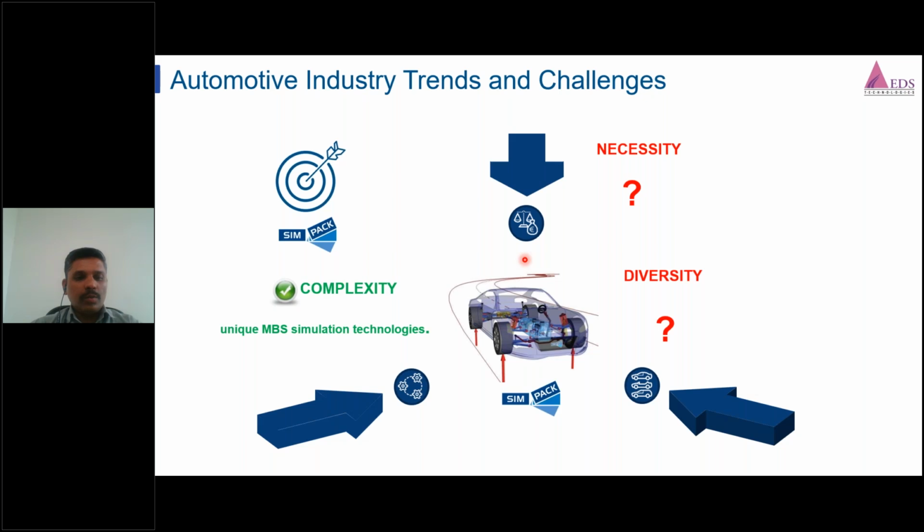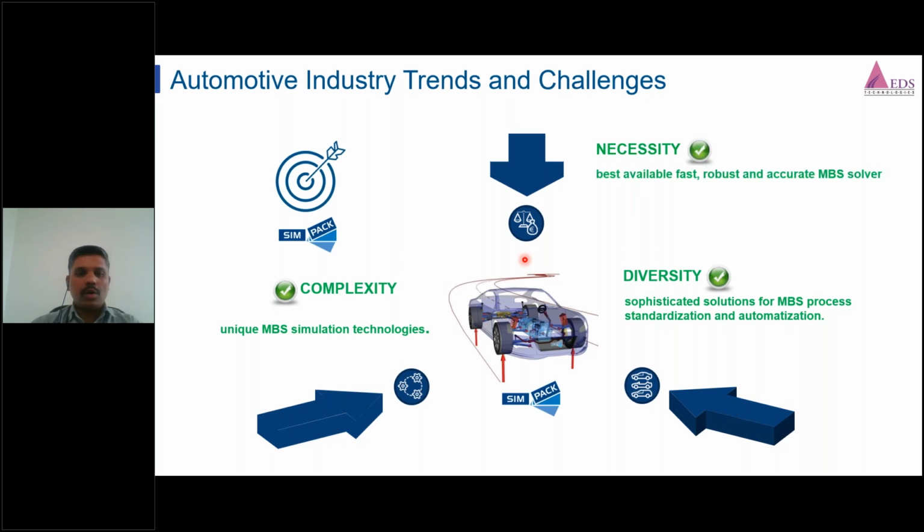As you might remember, in the beginning of this presentation, I asked the question, how can Simpack help to master the challenges? Regarding complexity, Simpack helps to cope with increasing systems and system complexities because Simpack innovates and provides unique MBS simulation technologies. In terms of diversity, Simpack allows to efficiently simulate and assess the many variants, because Simpack contains sophisticated solutions for MBS process standardization and automatization.